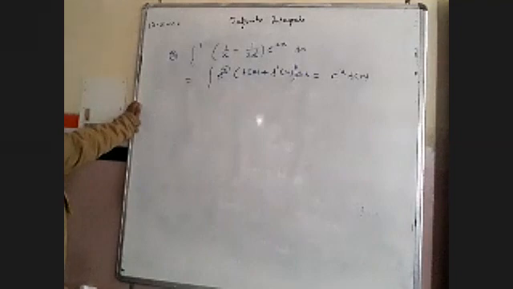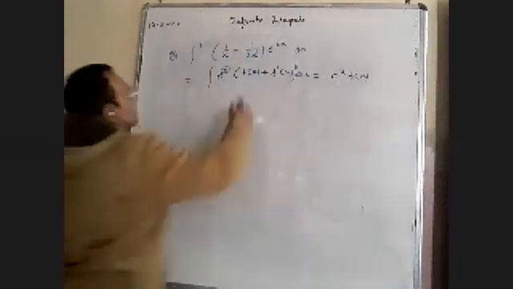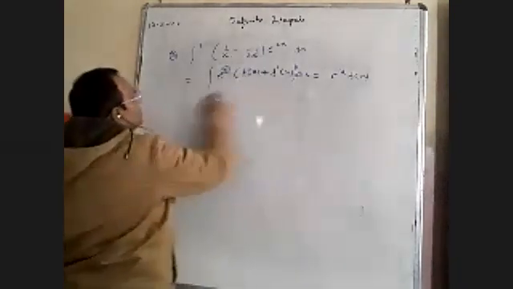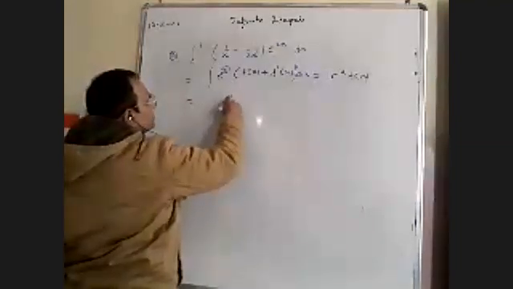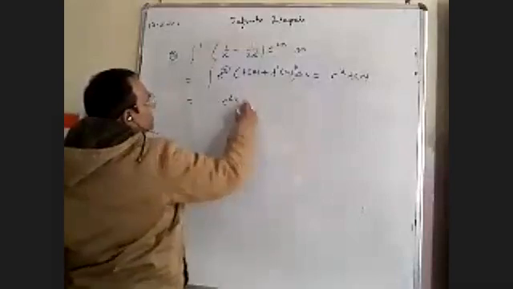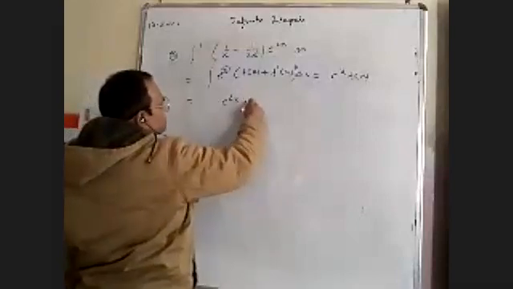Whatever you have in the power of e, you have to divide by the coefficient of x. So by dividing we get 2 here. So the integral will be only e to the power 2x and fx. Fx is 1 upon x.